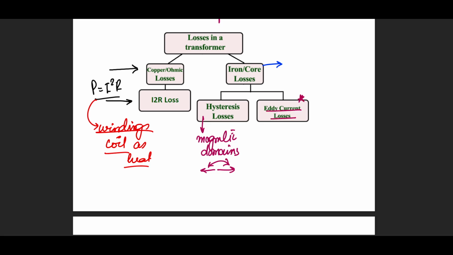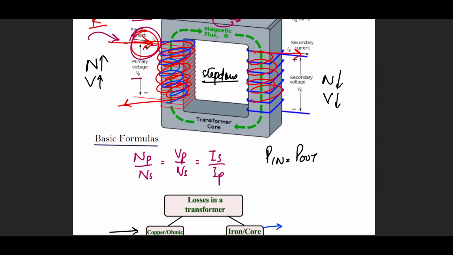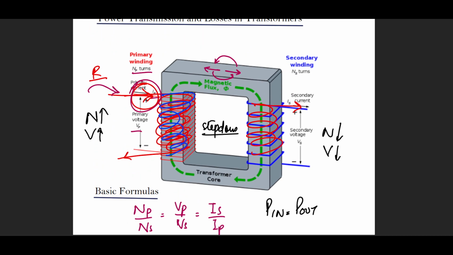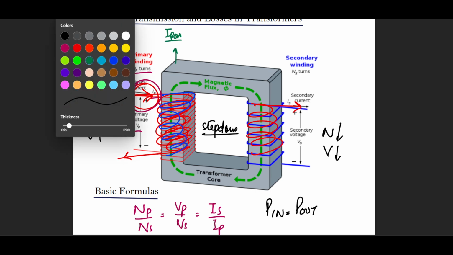This is a very interesting concept, and one of, you can say, key points in the transformer that are generally ignored. You see, what are eddy currents? What are the eddy currents in the core? So basically what's actually happening is, since we know that this is made out of iron, we know iron is a conductor, right?